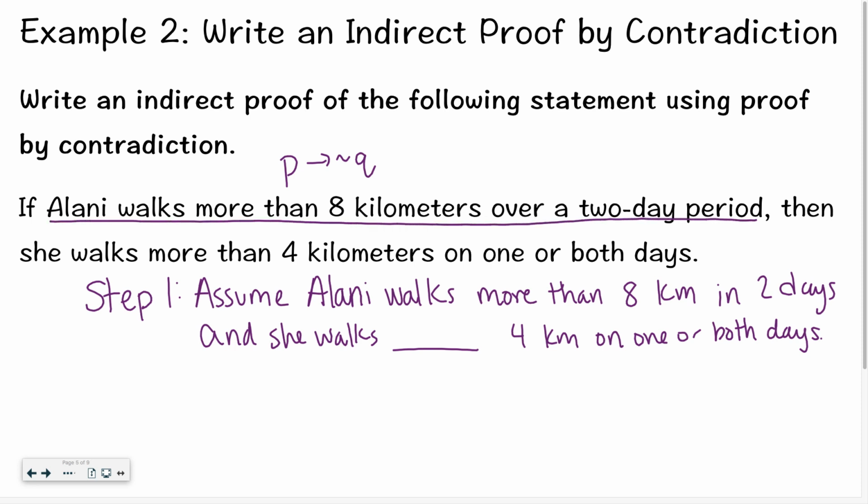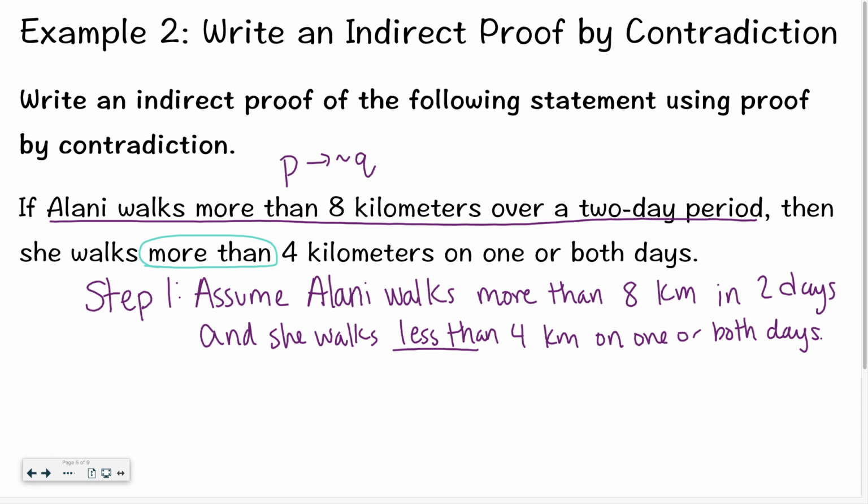So I keep that just like it is. So assume Alani walks more than 8 kilometers in 2 days, and she walks less than 4 kilometers on one or both days. The reason I switched it to less than was because I needed to negate that more than. The opposite of more than would be less than. Okay, so that's my first step. I kept the P statement the same, and I changed the Q statement.